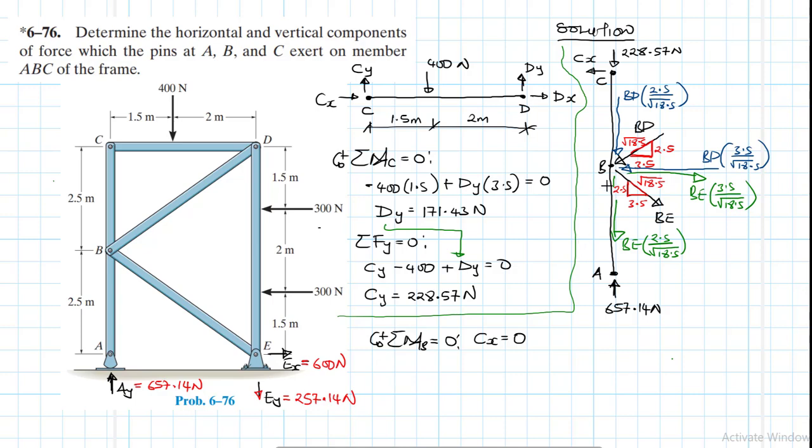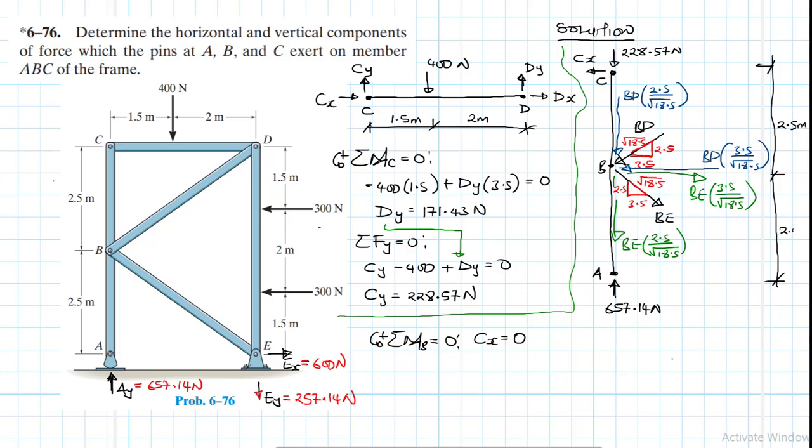If we took moments about point B, Cx times, what are the lengths here? We didn't put the lengths. The lengths here, they are just 2.5, right?